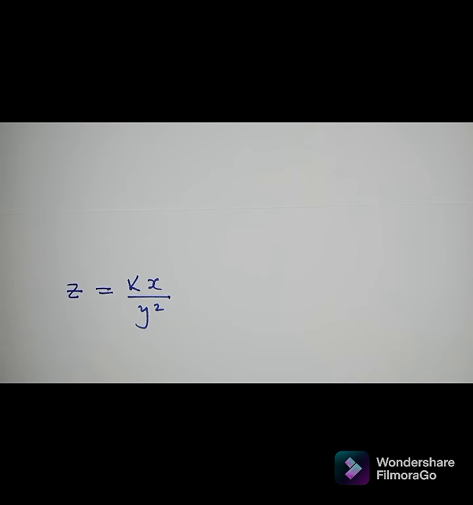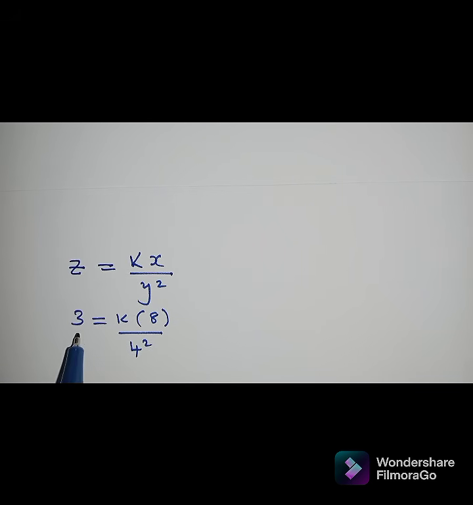This is the formula you're supposed to use. They are saying z is equal to 3, x is equal to 8, and y is equal to 4. Find the value of k. How do we find the value of k? We know that z is 3, here we have k, and x is 8, y is 4. So we just solve for k.